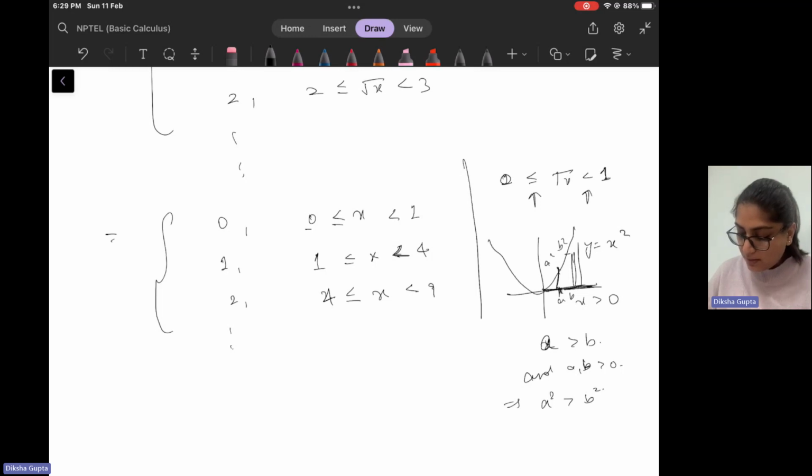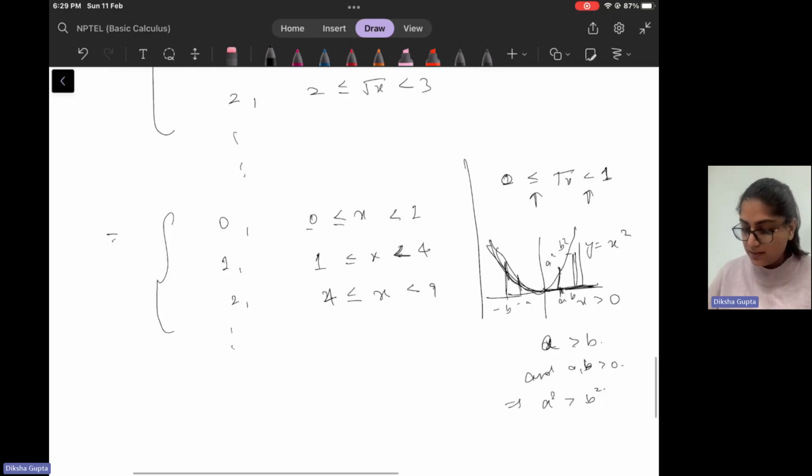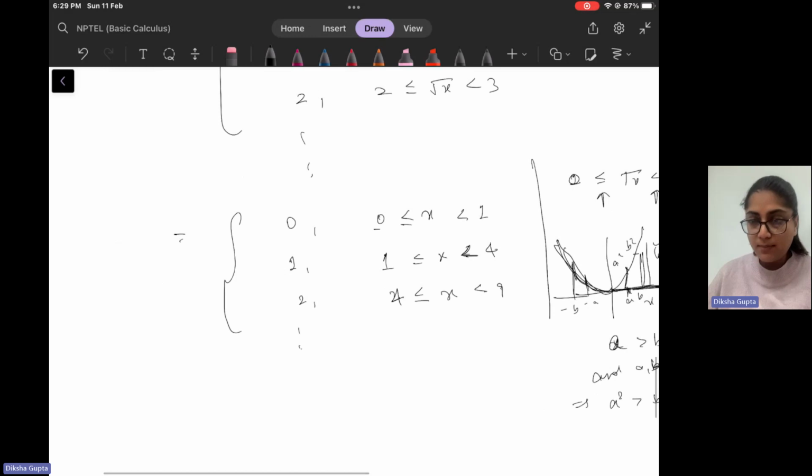But if you take the opposite side, if a and b are less than 0, say here is minus a, here is minus b, so minus b is less than minus a, but minus b square will be greater than minus a square. So squaring here, because x is always positive, is not making any difference in the inequality, but you cannot every time blindly do that. You have to take care about all of these things.